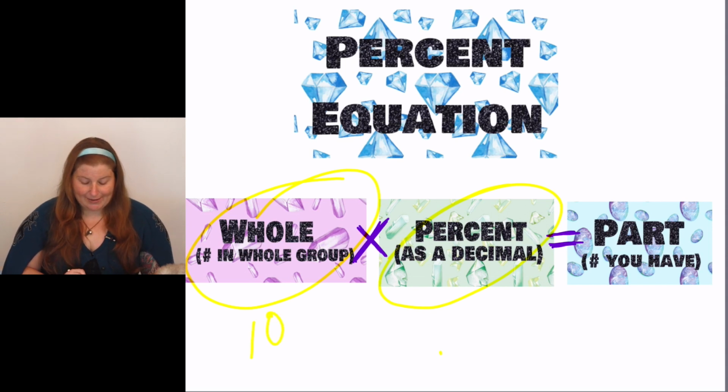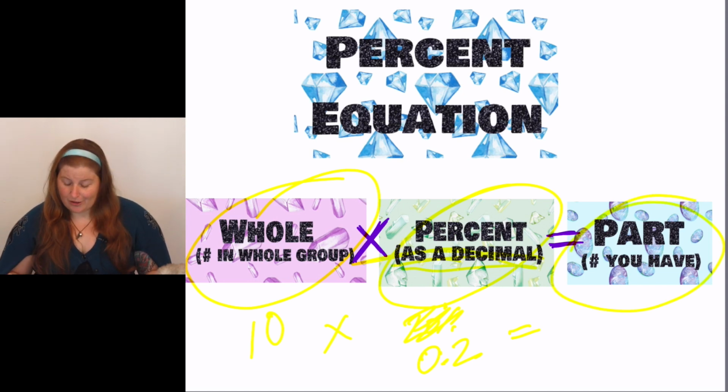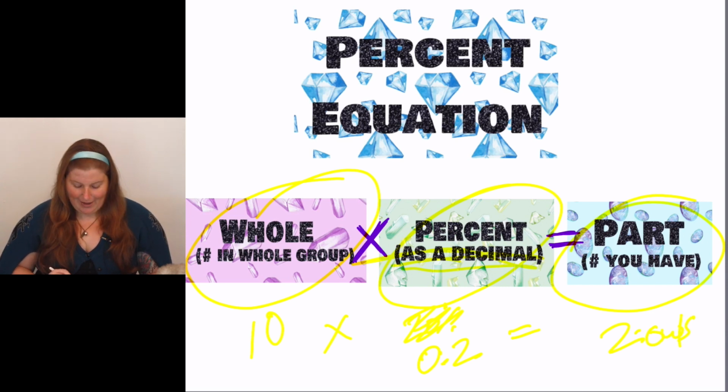I would multiply 10 times 20%, and as a decimal, that is 0.2, and I would get how many owls I have that are snowy owls. 10 times 0.2 would be 2 owls that are snowy owls. Let's watch this in action.